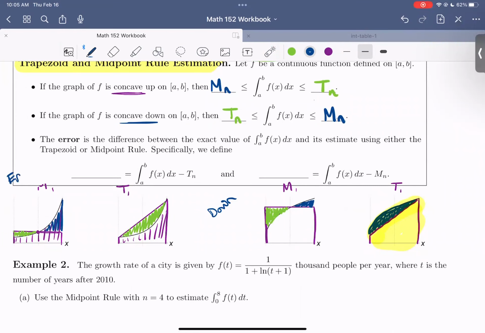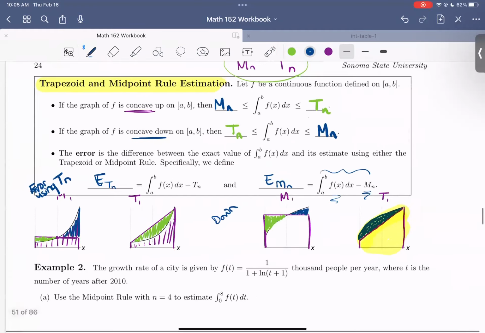So this is the error using T sub n, and we actually have notation for this. We say E sub T sub n. It's the error with the T sub n approximation. And similarly, if we compute the difference between our midpoint approximation and the integral, we get the error using the midpoint approximation. So we write E sub M sub n.